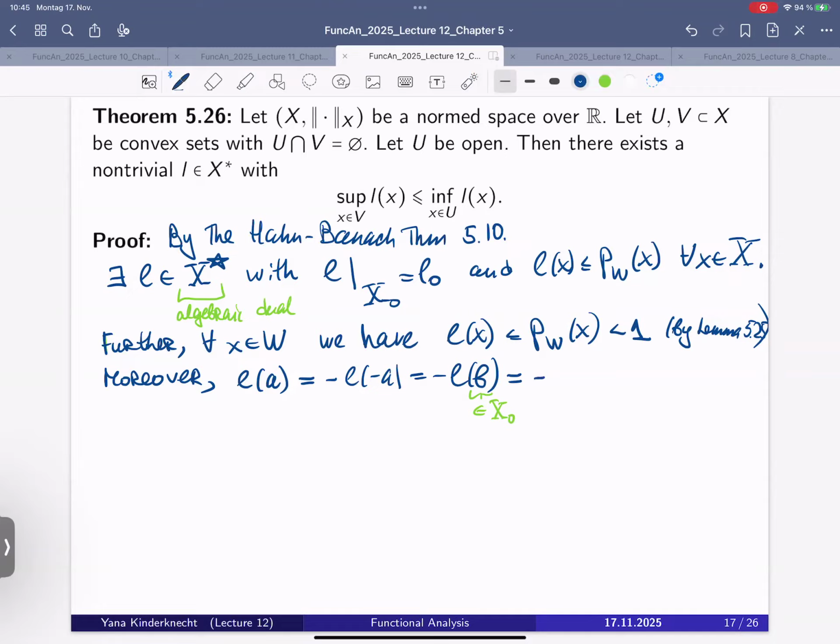It is just minus PW of B. So B does not belong to W, so this is then bigger or equal to 1, as we have discussed. Hence, in total, everything is smaller or equal than minus 1. This is by the lemma again.